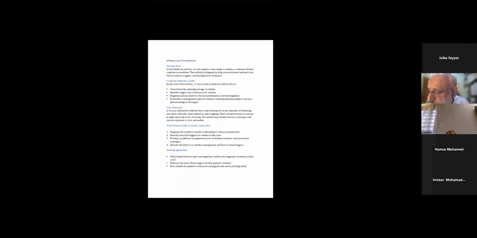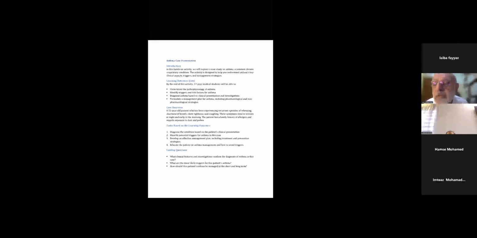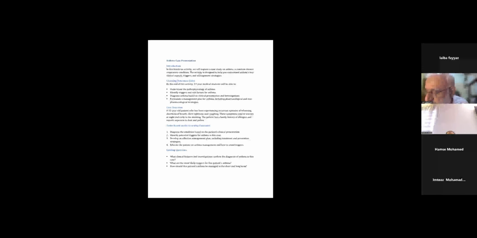And the third student, if, for example, there's some investigation done, let's say if they have done X-ray or arterial blood gas or any respiratory functions, can talk about that. And the fourth can talk about what management was done in the hospital and what else can be done.